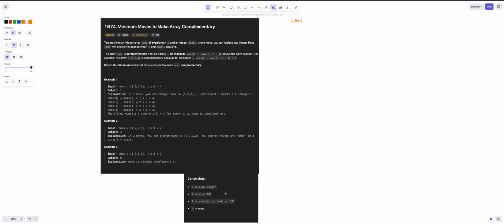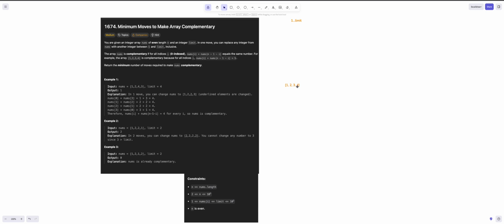What we have to do is make the array complementary. The array nums is complementary if for all indices i, nums[i] + nums[n-1-i] is equal to the same number. Let's try to write that down in simple English. We are given an array 1, 2, 3, and 4.